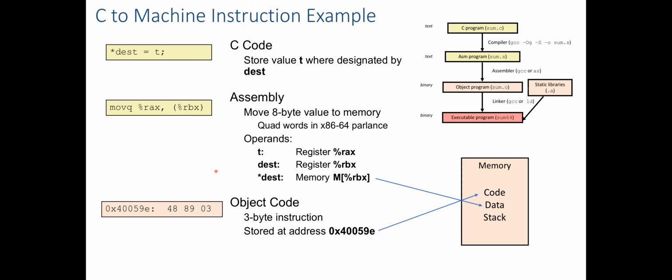So you'll see more examples of this kind of thing as it goes on. So in this case, we're saying let's take something that was in a register and put it back into memory where RBX is pointing.